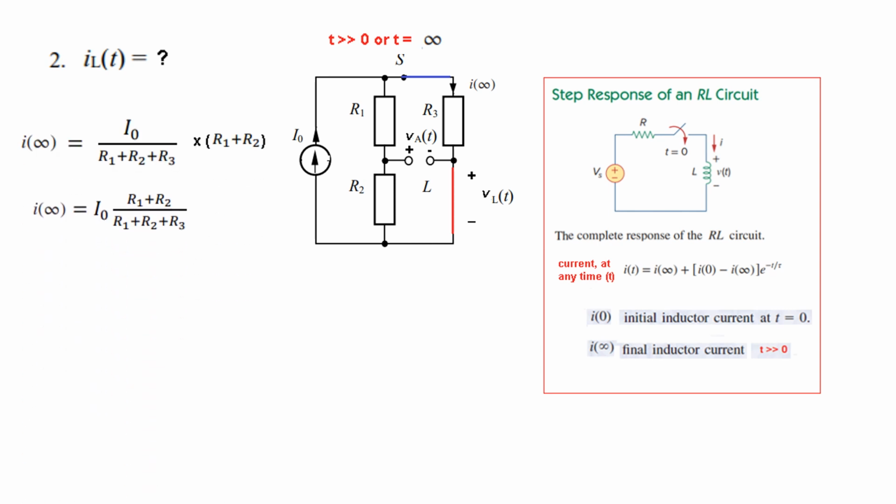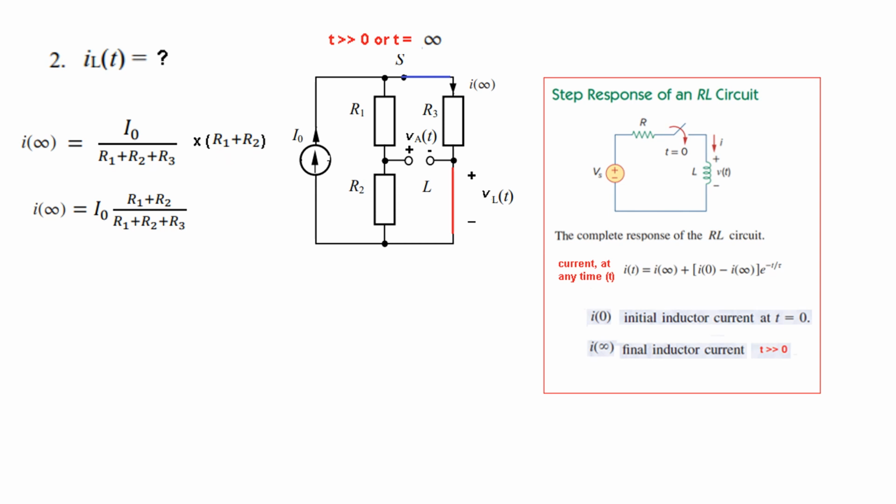Now, what is I infinity? This current is the source current I0 dividing into two parts. So by the current division rule, I infinity will be the total current divided by the total resistance, all three adding, and multiplied by the opposite arm.